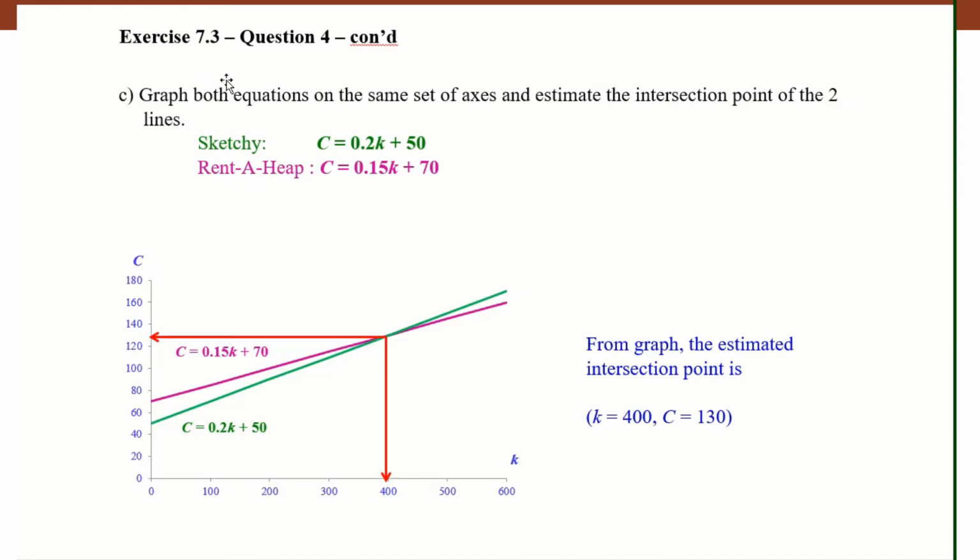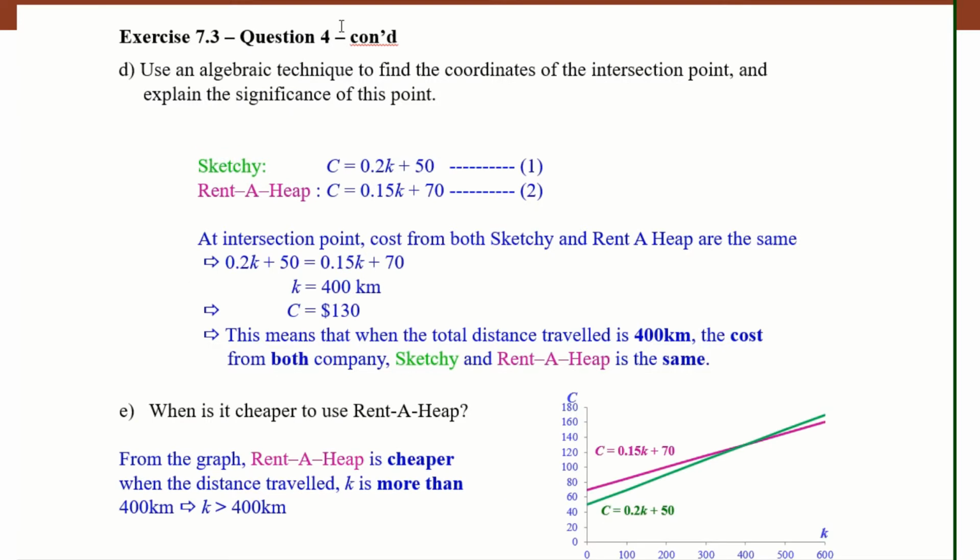Then they ask you to graph both equations on the same set of axes. The 50 line goes up, the 70 line goes up, and then they intersect at some point. For that intersection point, you equate both the equations to find K. Then you substitute K into either equation, and you will get the cost.